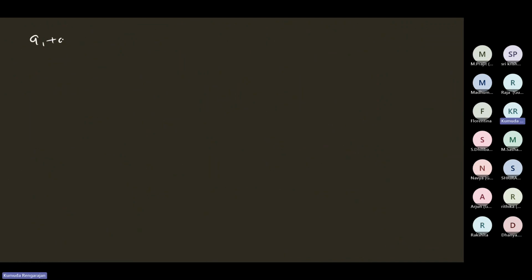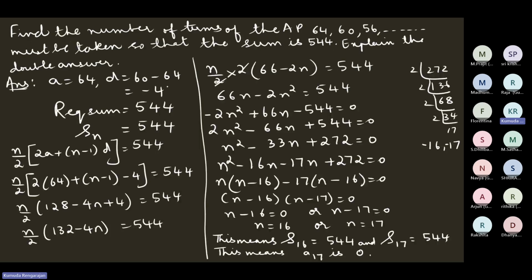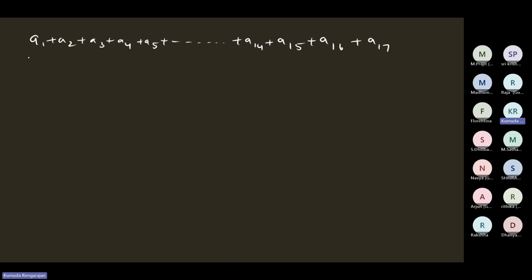So A1 plus A2 plus A3 plus A4 plus A5 and so on, plus A14 plus A15 plus A16 plus A17. Now S16 is 544, from here to here.